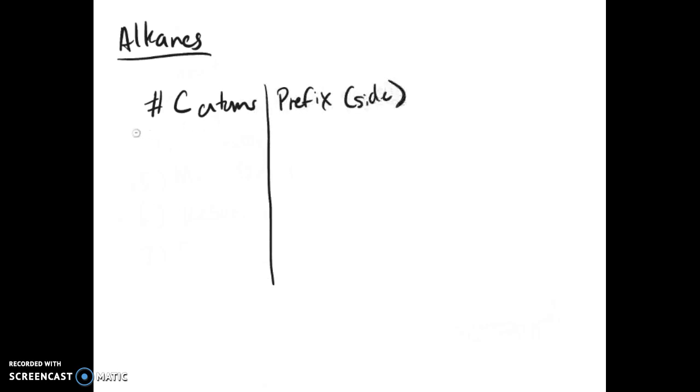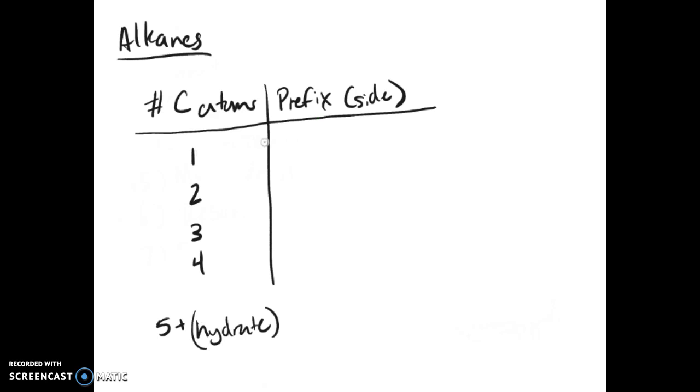Now the table you use for this is, the number of carbon atoms gives you a prefix, or if it's a side group, the side group name. The only ones that are important are 1 through 4, because 5 plus become the Greek prefixes.